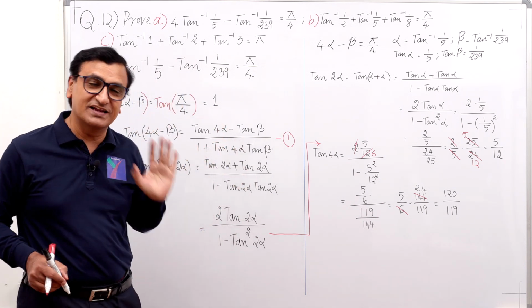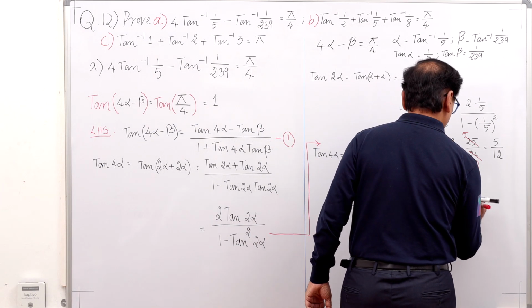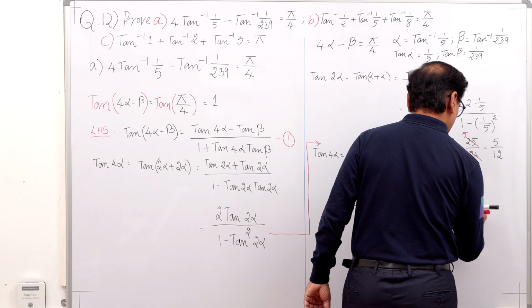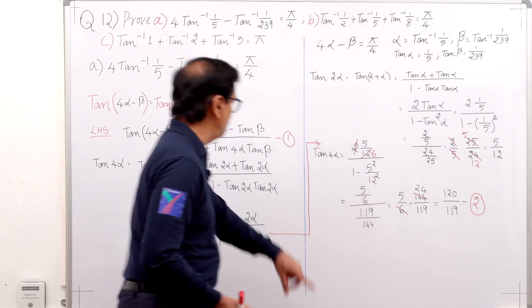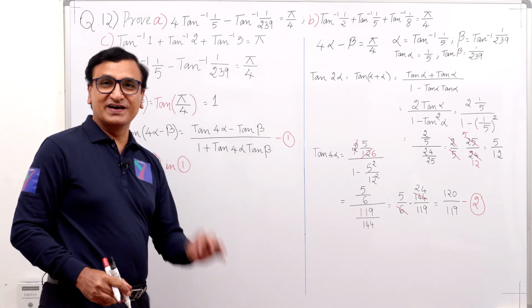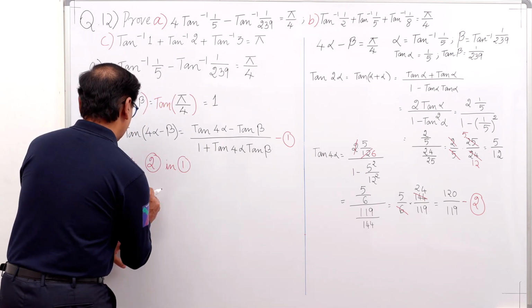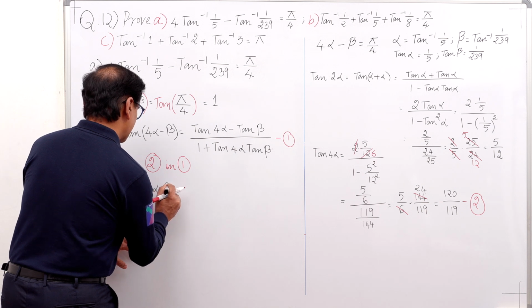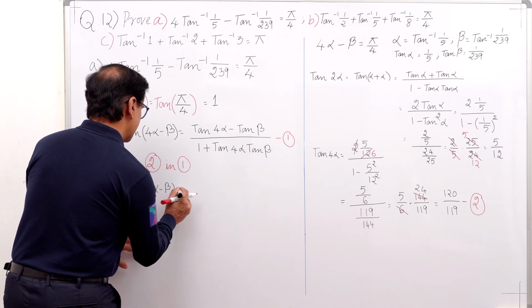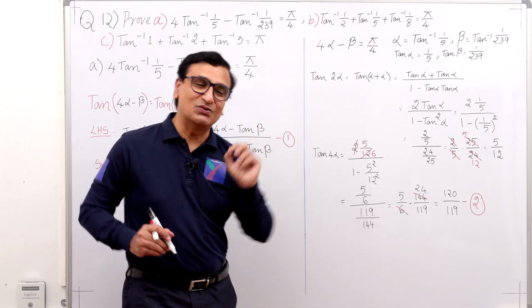Then we will have our final answer. Let me call this as 2. Substitute 2 in 1. Okay, so we are in the home run now. So we have tan of 4 alpha minus beta equals, tan 4 alpha is 120 divided by 119.